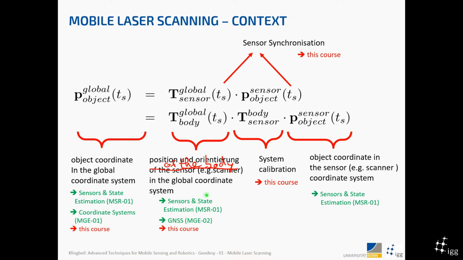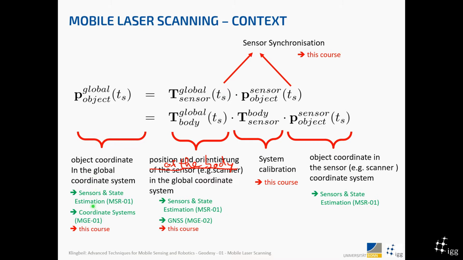Also important for this part is the GNSS, because the main information source for the position is the actual GNSS system, and this is something that you already learned in the GNSS lecture. And then there will be something about this again in this course, which will be smoothing, what we talk about next week. And this is the object coordinate and global coordinate system.